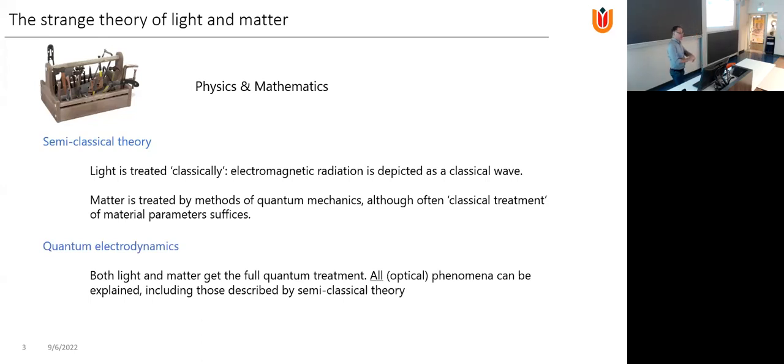And then we have quantum electromagnetics, where both the light and matter get full quantum treatment, which basically means that if you use this one, then you would be able to treat all optical phenomena. They can all be explained, including those that are described by semi-classical theories, or those that appear to describe wave-like properties.